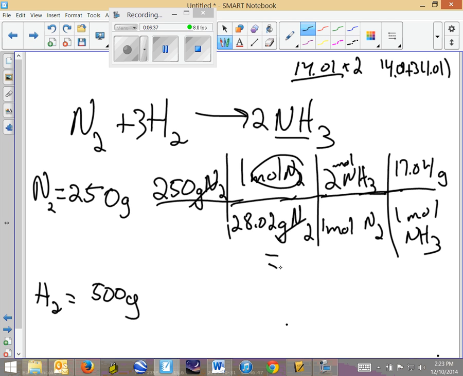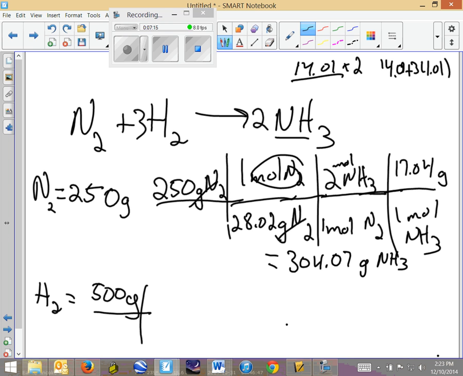And if I do the math for this, I would get 250 times 2 times 17.04, and I'm going to divide all of that by 28.02 because that's what I have on the bottom, and I get 304.07 grams of NH3.